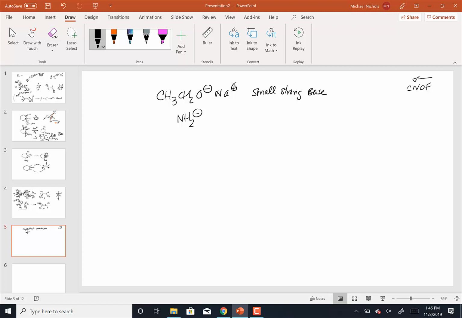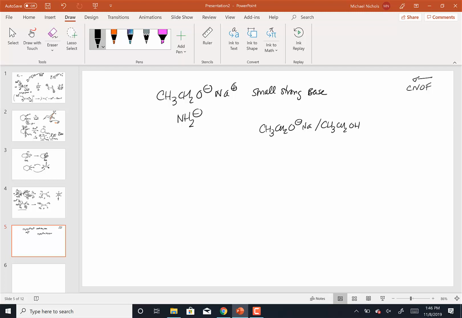So you'll see both. The book will use ethoxide. That's its favorite. You'll see that they use ethoxide in ethanol, which is actually the historical way to make ethoxide.